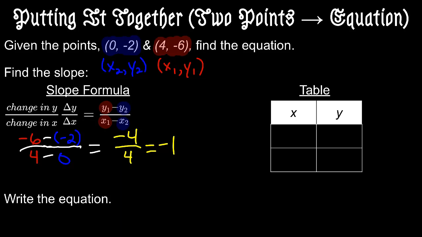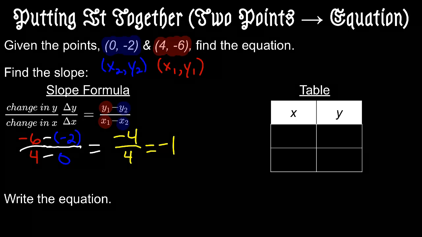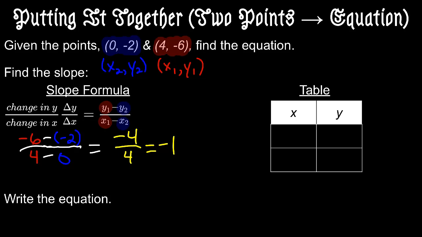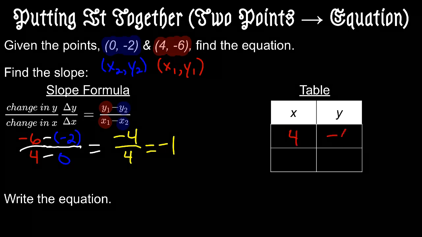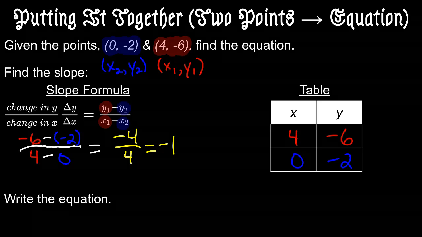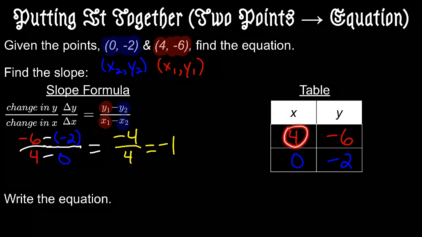Now if we do this in the table, I'll put it in the order that I have here. 4, negative 6, and 0, negative 2. And it's okay that our x value here is bigger than our x value here. It doesn't make any difference. Now, there is a standard way to do it, but we don't need to worry about it so much right now.